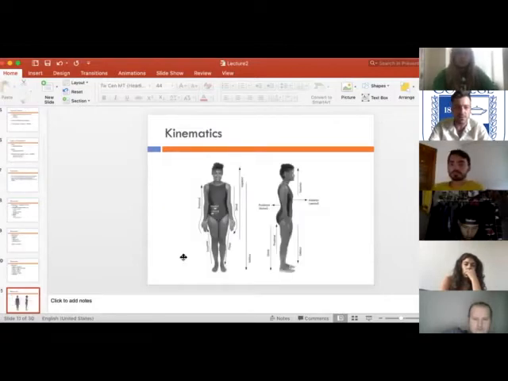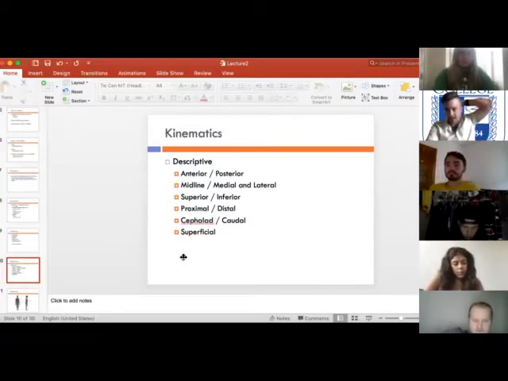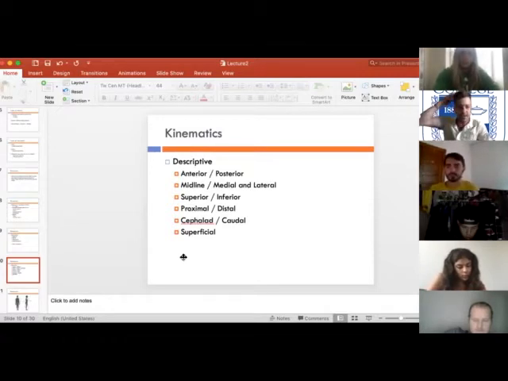So in terms of anterior and posterior, anterior is relative to the front of the body here, and posterior is the back. You have a posterior arm and an anterior arm. Anterior chest, where your pectoralis muscles are going to be, and your posterior is going to be where your rotator cuff muscles are going to be. So there's anterior, posterior.